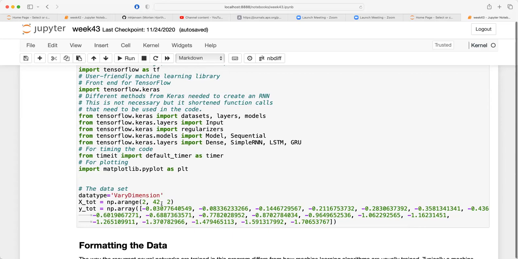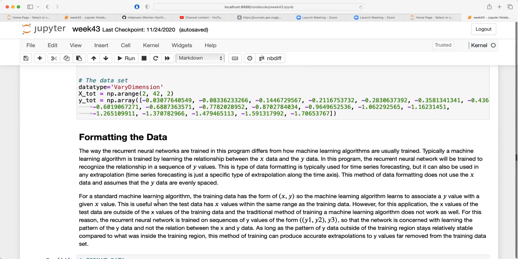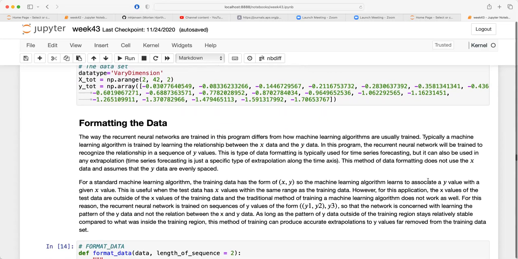So you're asking yourself whether you could use this kind of recurrent neural network to train and then make a prediction for those data points you would like to avoid calculating. Here we are formatting the data. For a standard machine learning algorithm, the training data has the form of x and y, so the algorithm learns to associate a y value with a given x value.